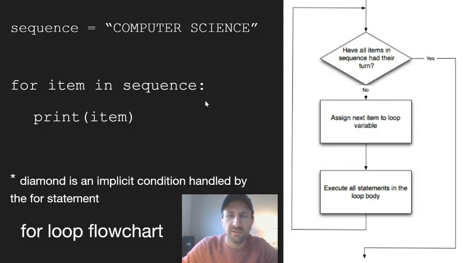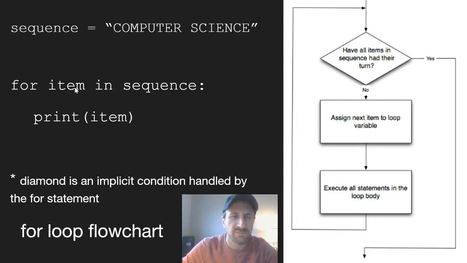And if we look at that in flowchart form on the right-hand side over here, you can see that with a for loop, the conditional statement is checking if all of the items in the sequence have had their turn. So this for loop will step through the sequence computer science. Each iteration of the loop body, in this case it's printing item. It's going to assign the next item in our sequence computer science to the loop variable.